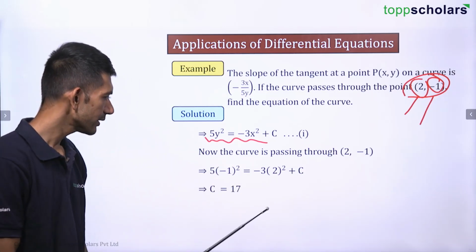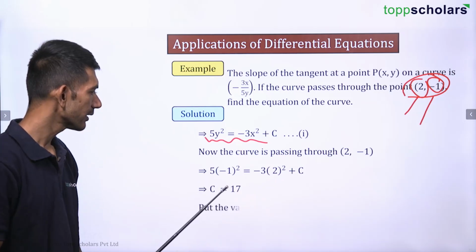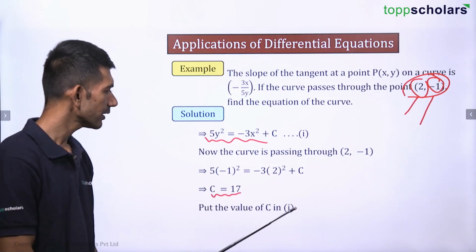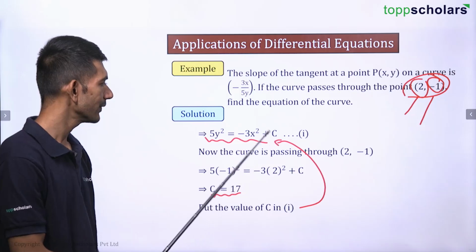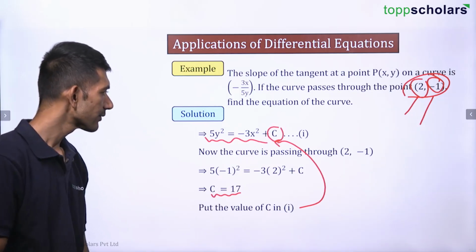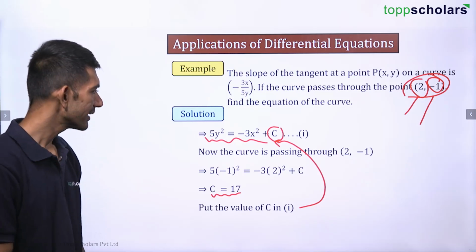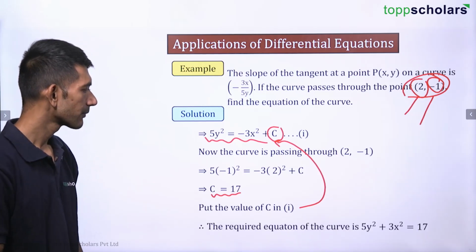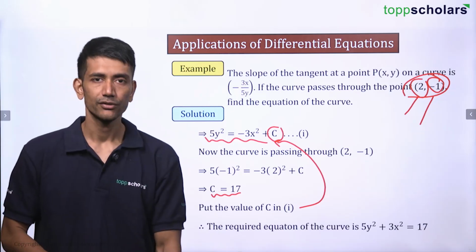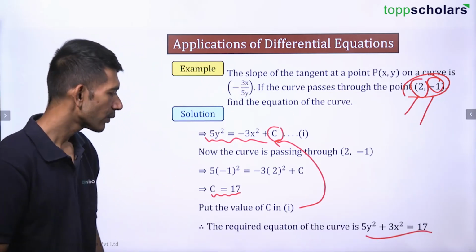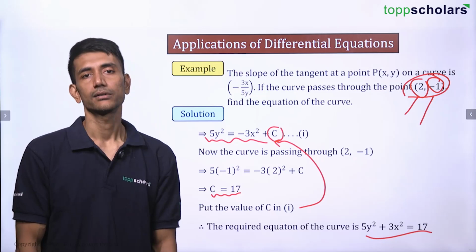The value of c is 17, right? Now put the value of c in equation number 1. So you get 5y square is equal to minus 3x square plus 17. That is 5y square plus 3x square is equal to 17, which is the required equation of the curve.